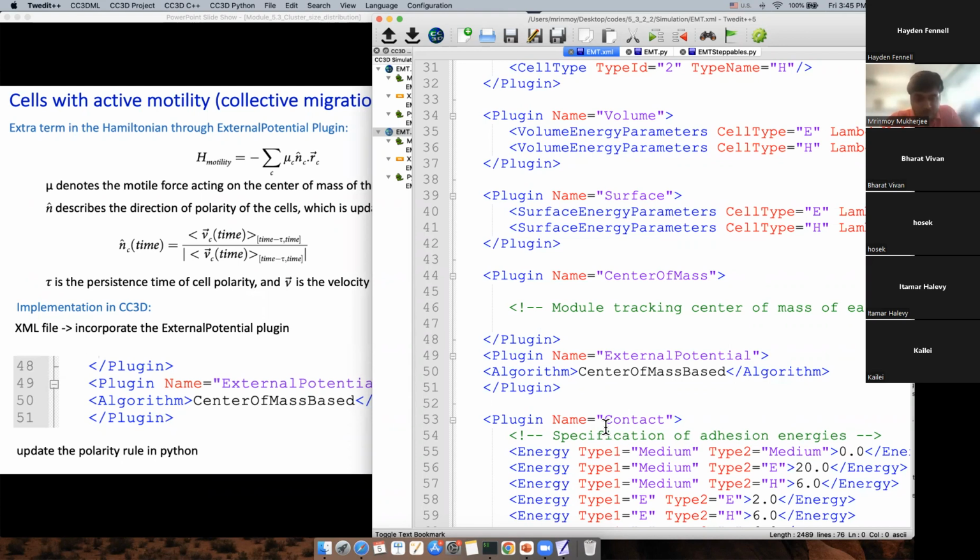Depending on that, we have to choose the motility mu value here. Generally, if the cell has 25 pixels, in the pixel based algorithm you choose the value as 1. For the center of mass based algorithm, you have to choose a value of the order of, say, 25. So it is really proportional to the area of the cell.